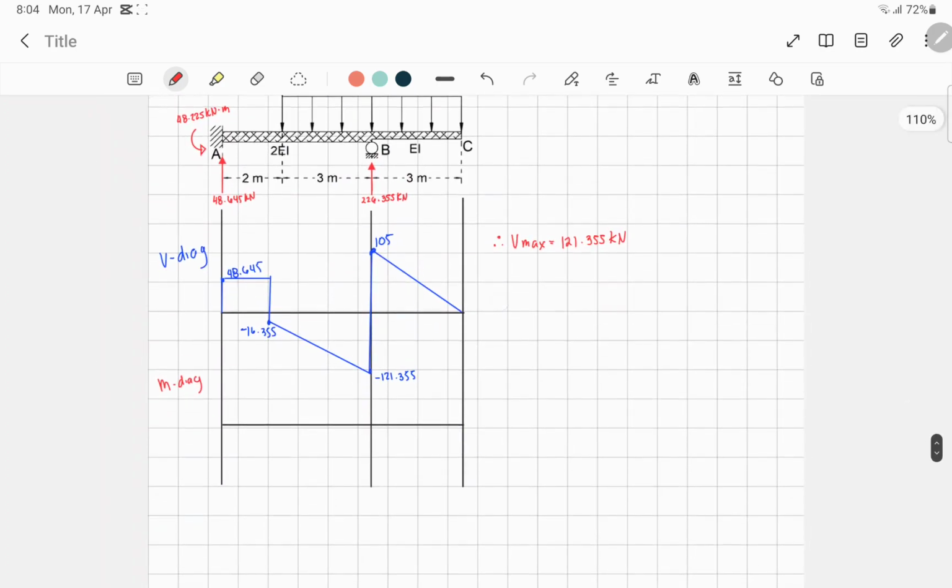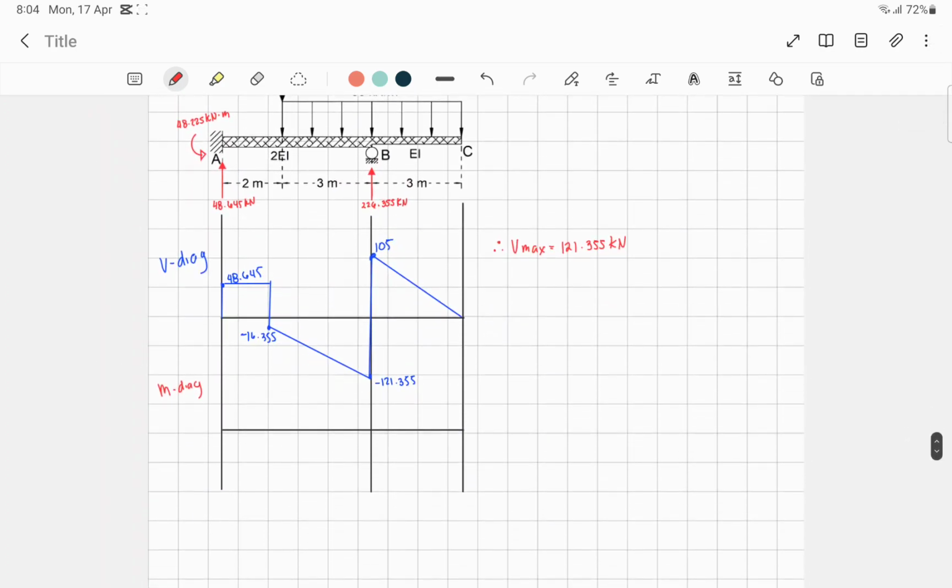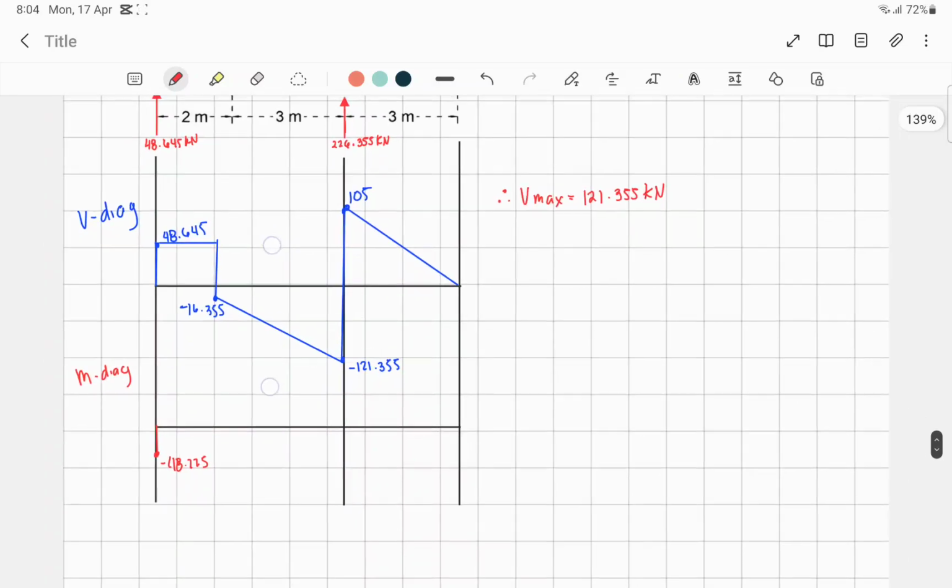Okay? So, sa moment diagram, first is meron tayong counterclockwise dyan na 48.225. Since counterclockwise yan, bababa yung ating moment here. 48.225 kilonewton meter.